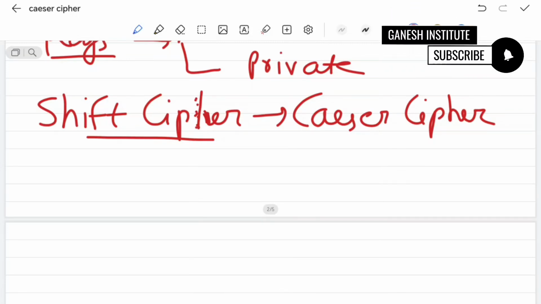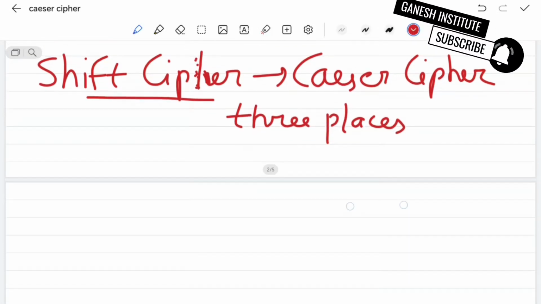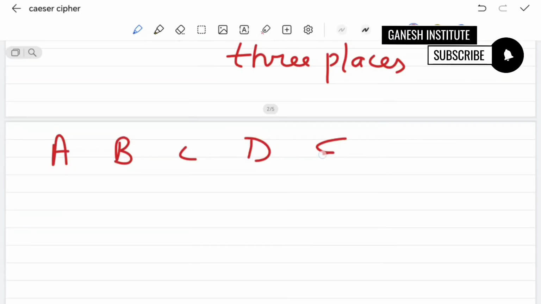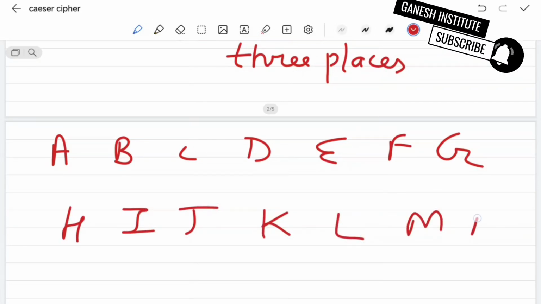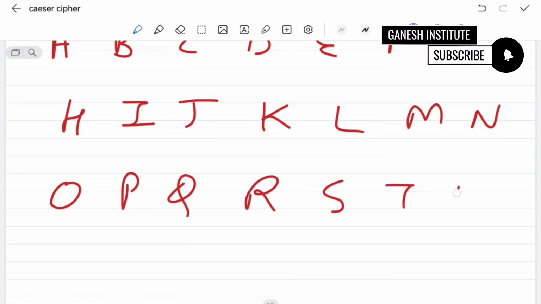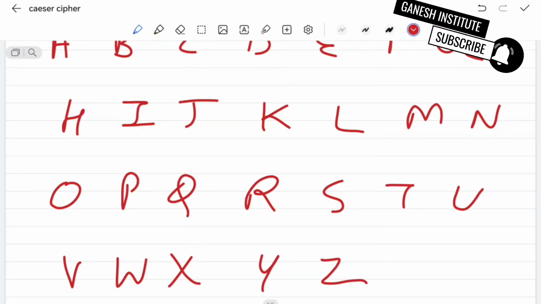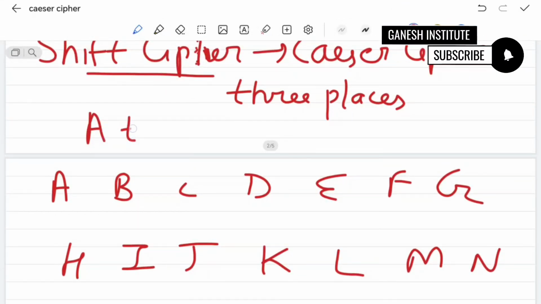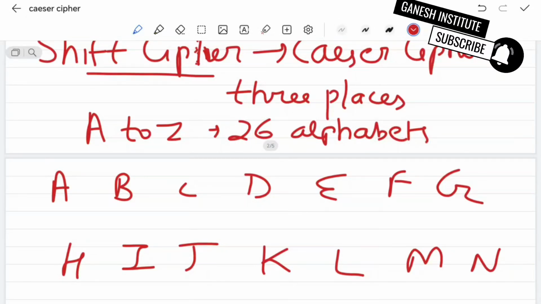It was used in earlier days, in the time of Julius Caesar, and Caesar cipher has a coding where you shift every alphabet by three places. What does it mean? Firstly, write all the alphabets A, B, C, D, E, F, G, H, I, J, K, L, M, N, O, P, Q, R, S, T, U, V, W, X, Y, Z. That is 26 alphabets, which have to be numbered from 0 to 25.